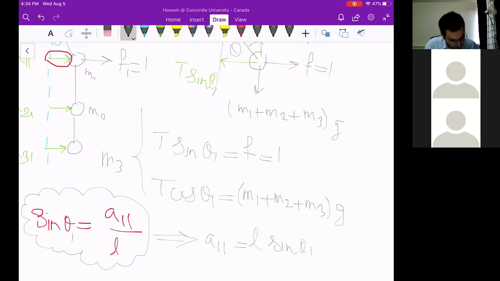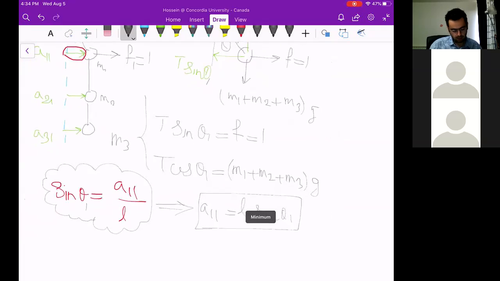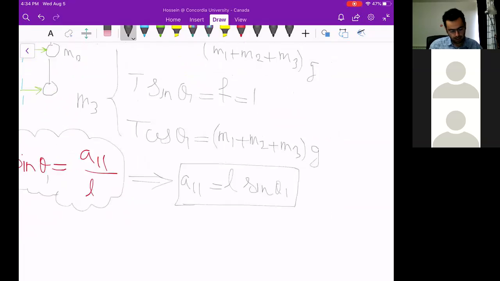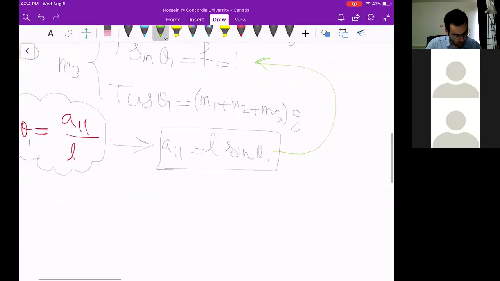So how can I find theta1? That's why I went for the free body diagram. I was trying to find theta1. So A11, which is my aim to find, is L sine of theta1. If you take a look at here, sine of theta1 can be easily obtained: it is 1 over T. So what is T?